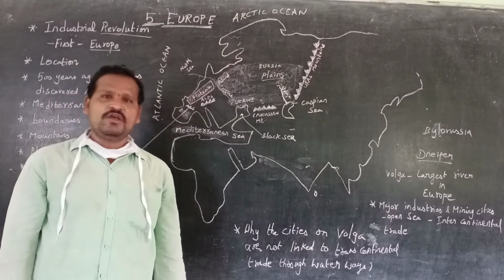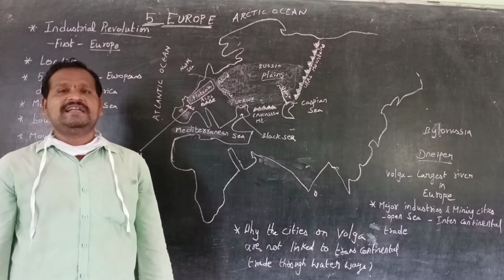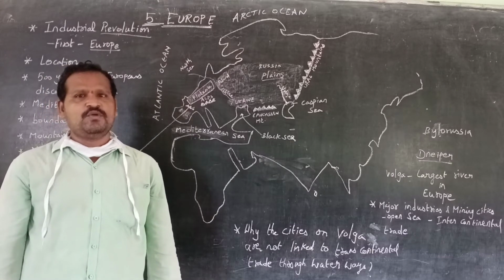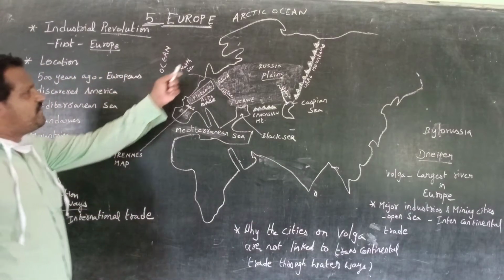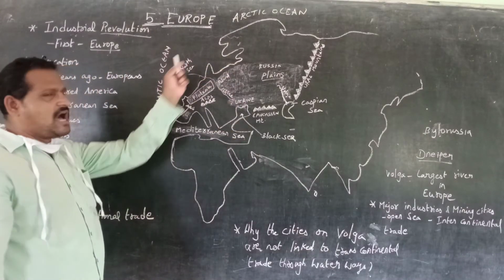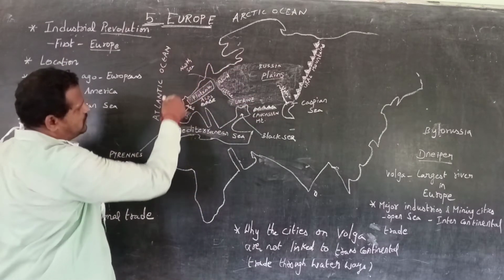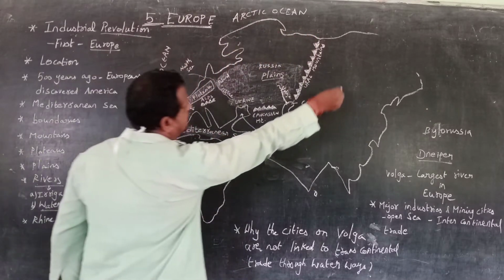In this lesson, we are going to learn how the people of Europe use distinct natural environment resources. First, we will discuss the boundaries of Europe. Children, this is the Europe continent.